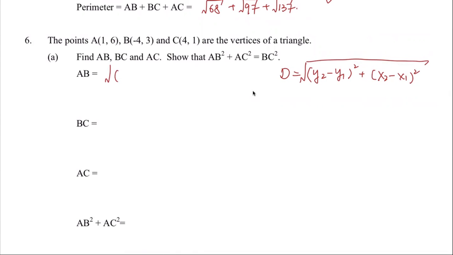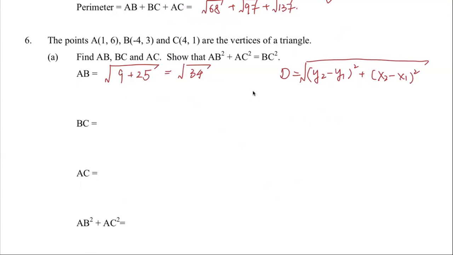So 3 minus 6, that's minus 3. Minus 3 squared is 9. Plus minus 4 minus 1, that's minus 5. Minus 5 squared is 25. So 9 plus 25 is 34. So AB is equal to the square root of 34.